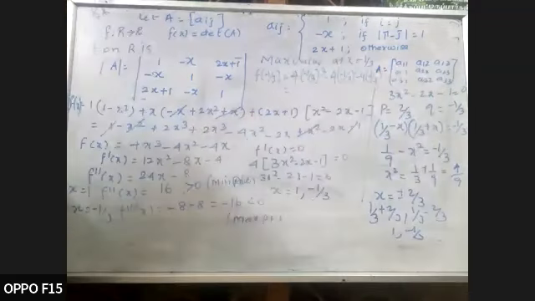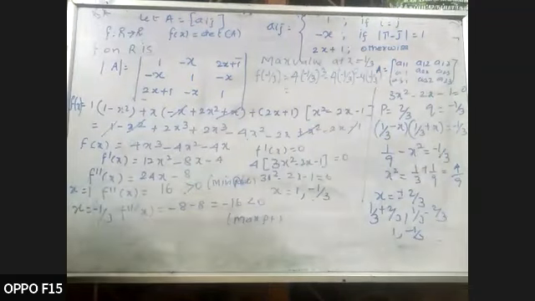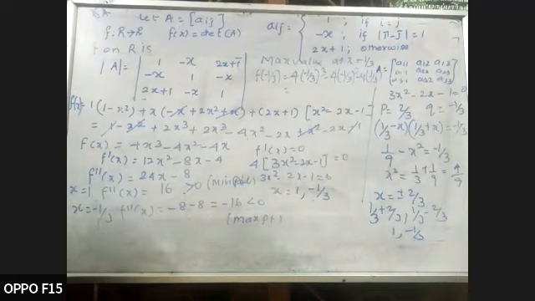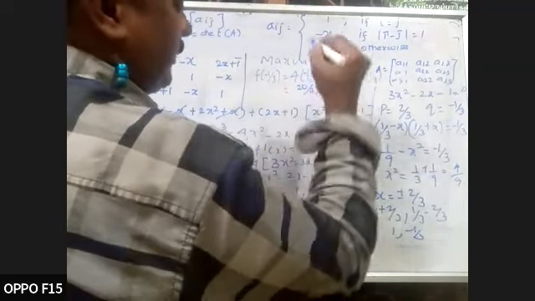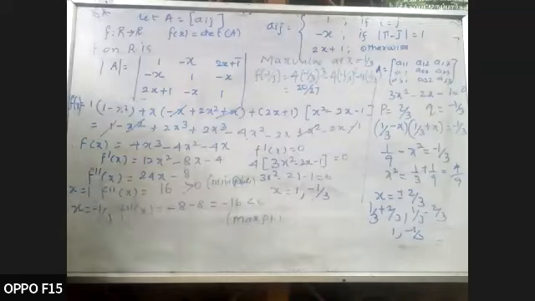When we simplify we'll get f of -1/3 is equals to 20/27. Shall I rub this? இது வந்து maximum value 20/27.